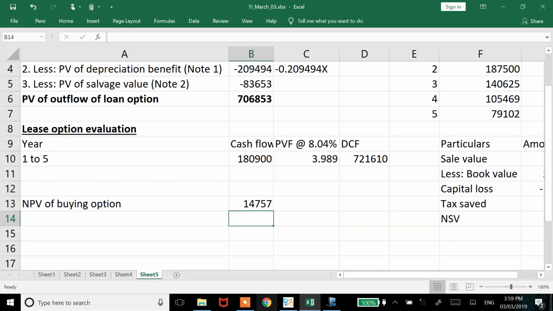Next, sensitivity analysis of rate of borrowing. Point number 1.